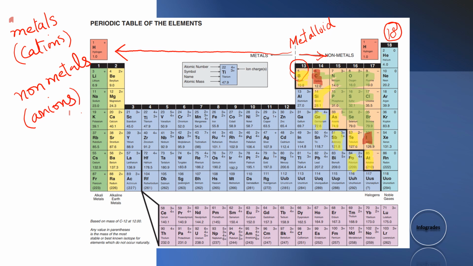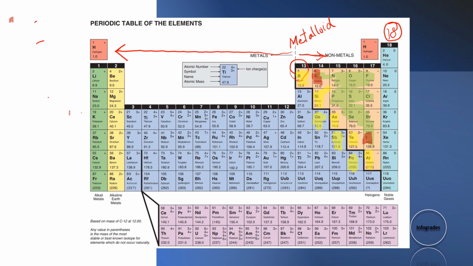Another important thing to go over here is that metallic character decreases from left to right. The elements on the left side of the periodic table will be the strongest metals.